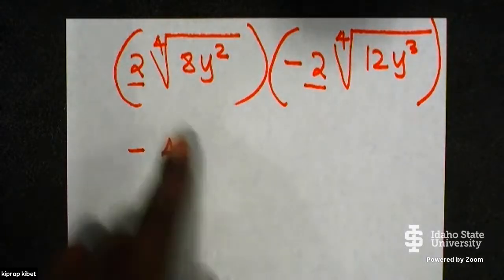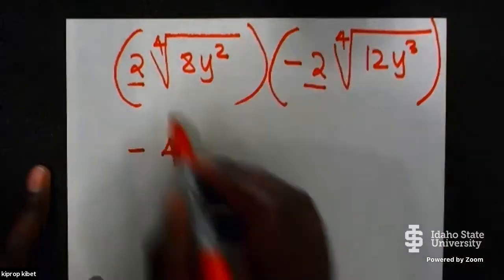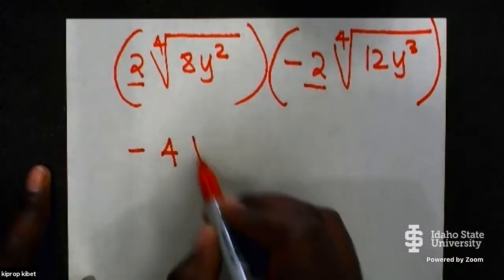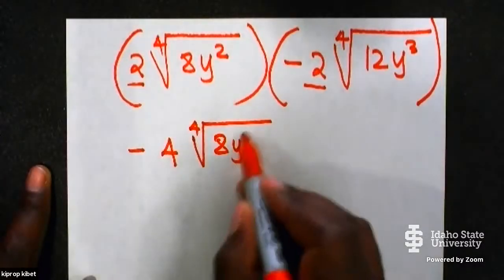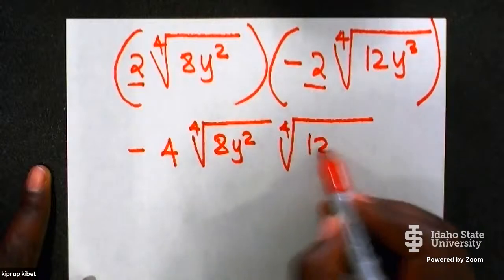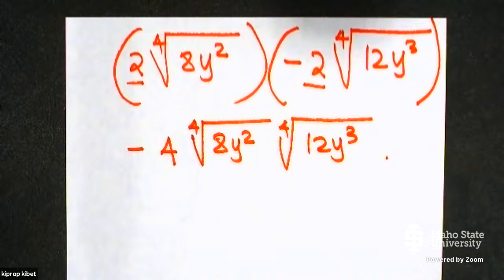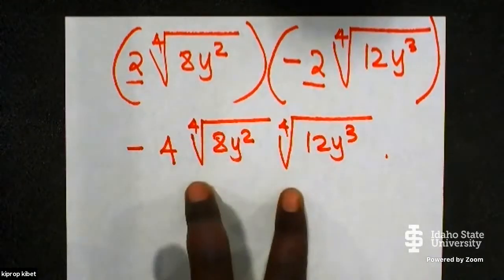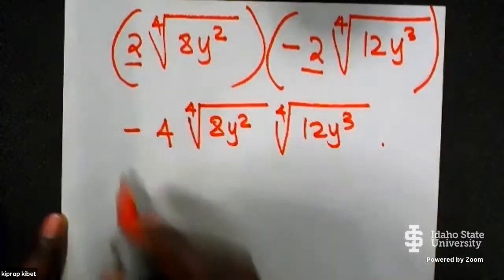And then using the method that we have written. So this is times what? The fourth root of 8y squared, the fourth root of 12y cubed. Then combining this, then you get what?